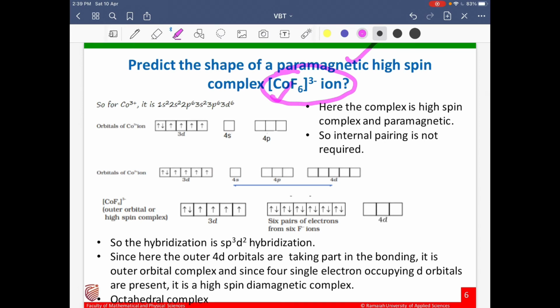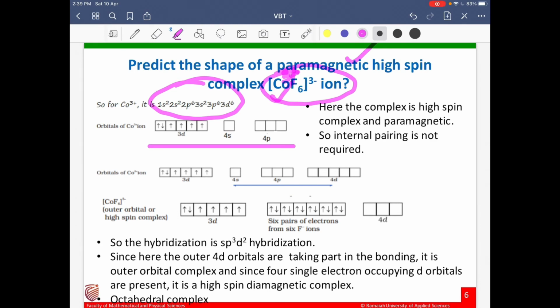Here it is Co3+. So definitely 3 electrons will be removed from the cobalt atom, and the electronic configuration of Co3+ is 1s2, 2s2, 2p6, 3s2, 3p6, and 3d6. So electrons are arranged in the respective orbitals.